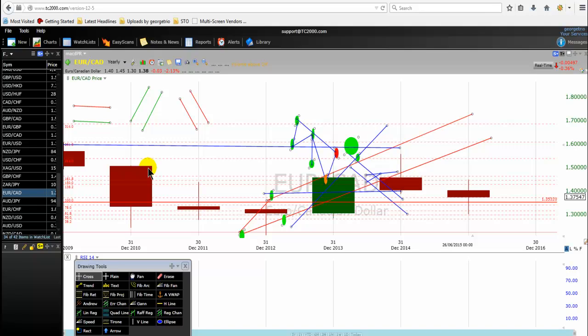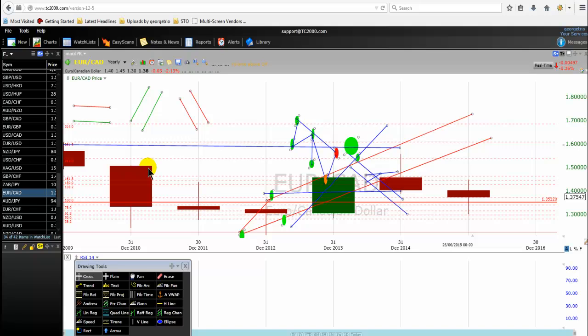I need to tell traders that this currency pair is quite volatile, but it's very, very rewarding. What do I mean by that? I mean that if you get the signal right at the right place at the right time, you are likely to be rewarded within an hour or two.